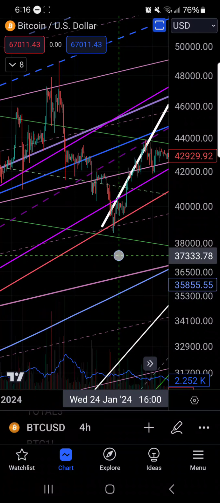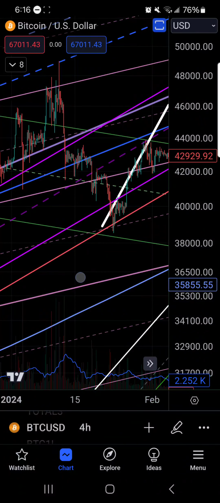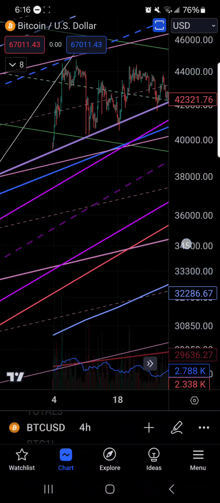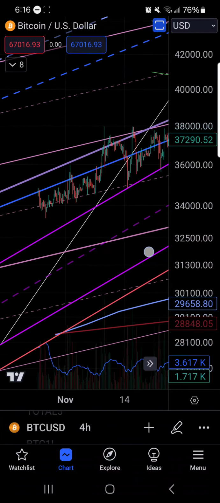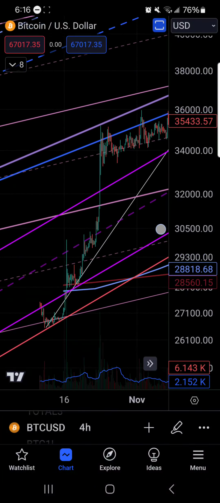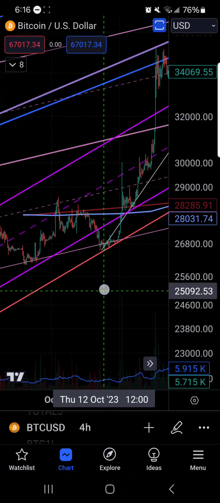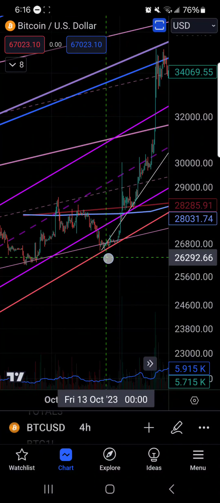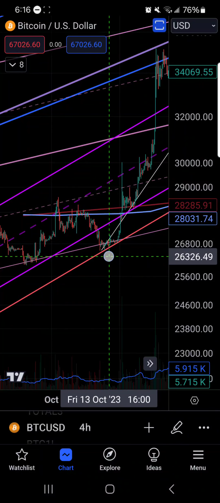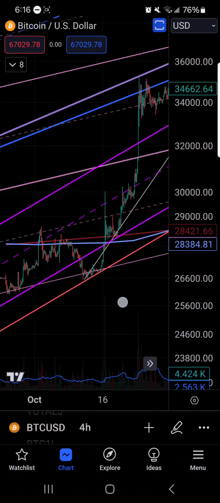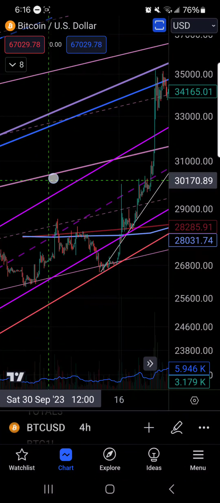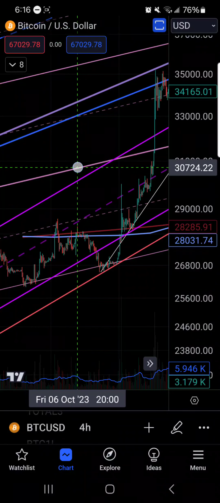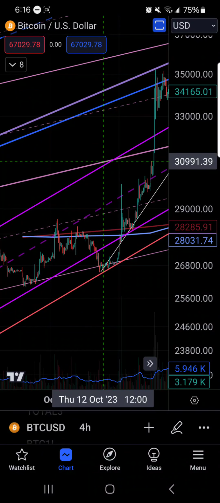Well, since January. And, well, actually, no, all the way back to October. Yeah, so we're going to leave that one there. And then this pink one, it goes all the way back to when Bitcoin was 10 cents. So we're going to leave that there for now.